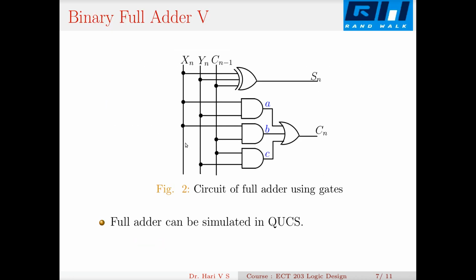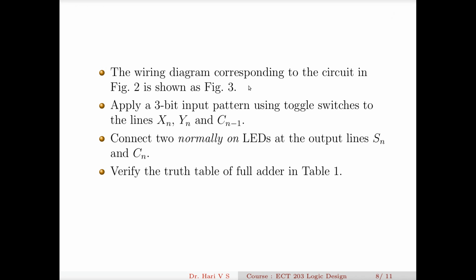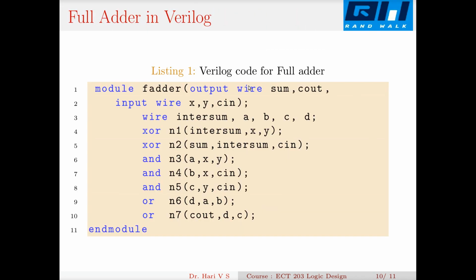I am realizing this 3-input XOR with 2-input XORs. The output of one XOR is connected as inter_sum. So in the first concurrent statement, XOR N1 with inter_sum, X, Y, the inputs X and Y are XORed to create an internal net, inter_sum.